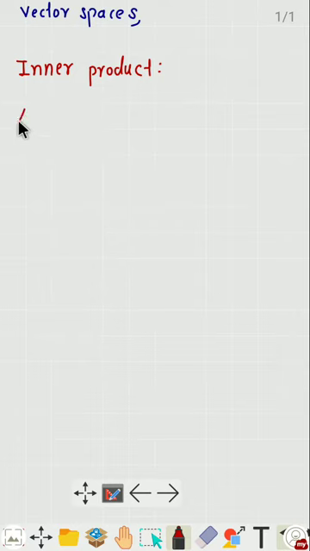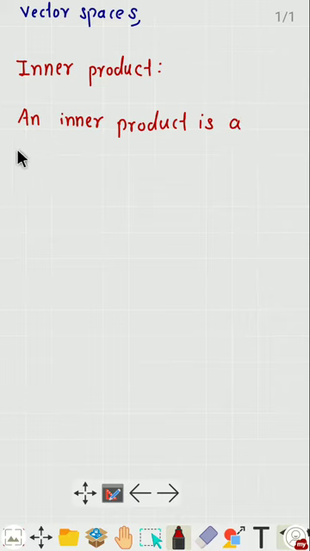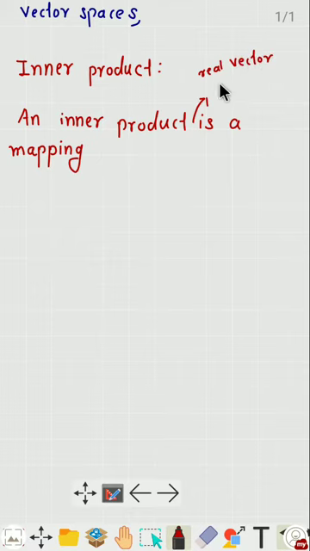So let us write: an inner product is a mapping, an inner product on a real vector space V.